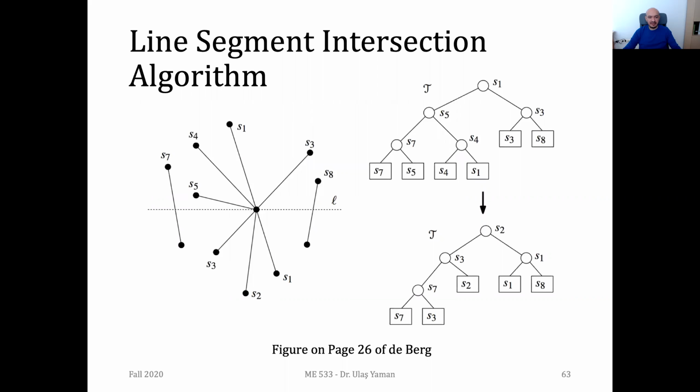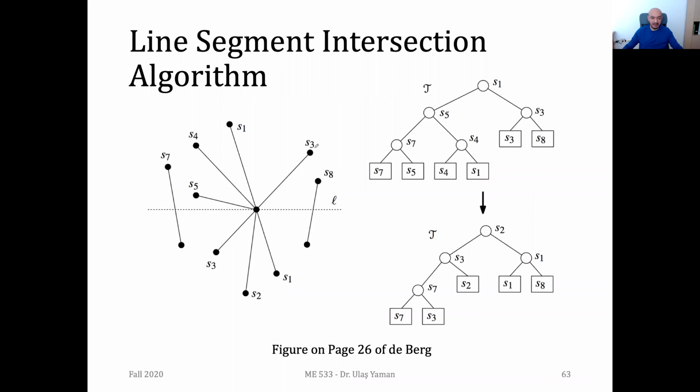So let's have a look at common intersection points. You see here that we have 7 of these line segments intersecting at a single event point. This is the intersection point, at the same time an upper endpoint and lower endpoint. So we have 3 types of event points at a single point.